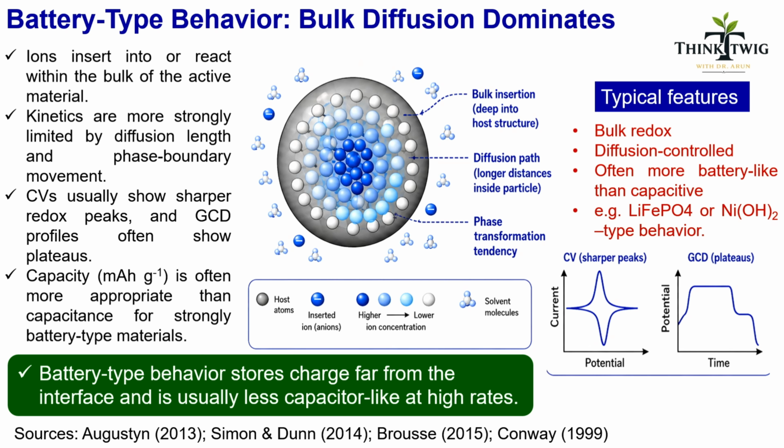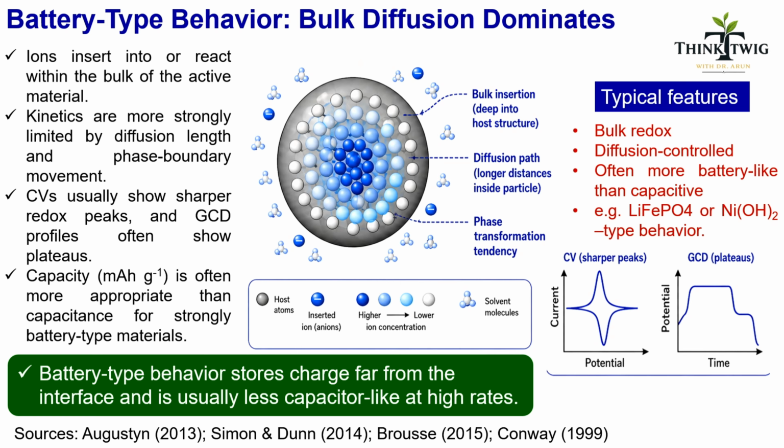For strongly battery-type materials, capacity, often expressed in milliampere hours per gram, can be a more appropriate quantity. Examples of this type of material are LiFePO4 and nickel hydroxide type behavior.